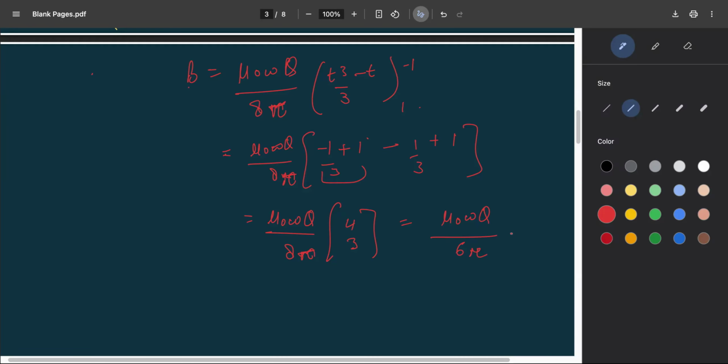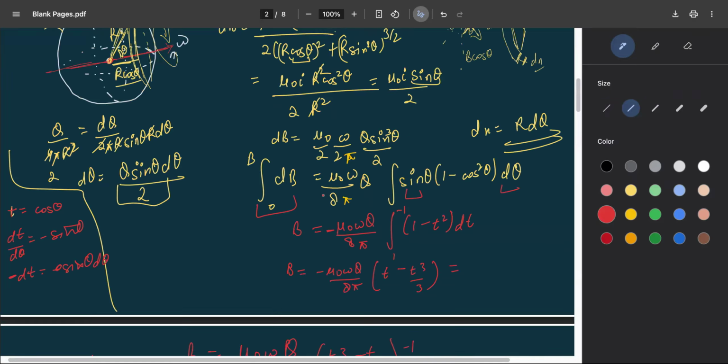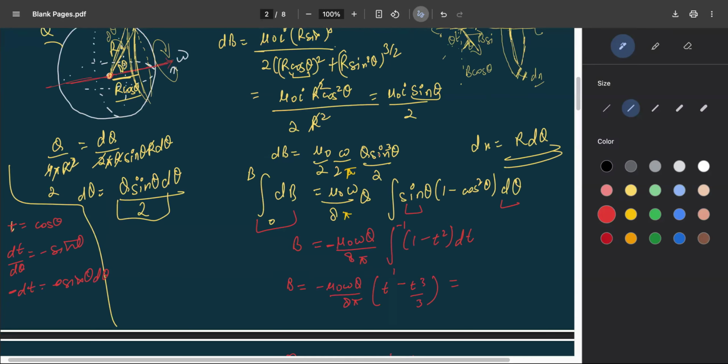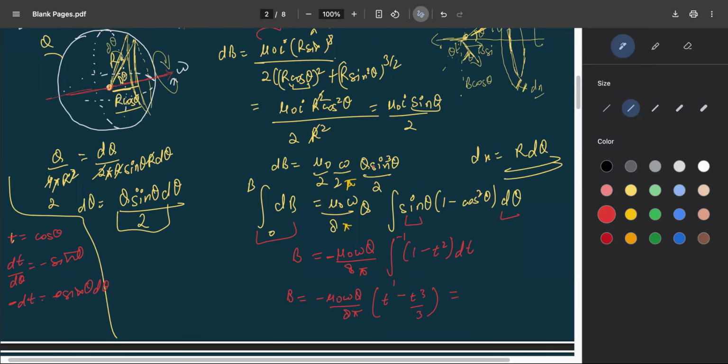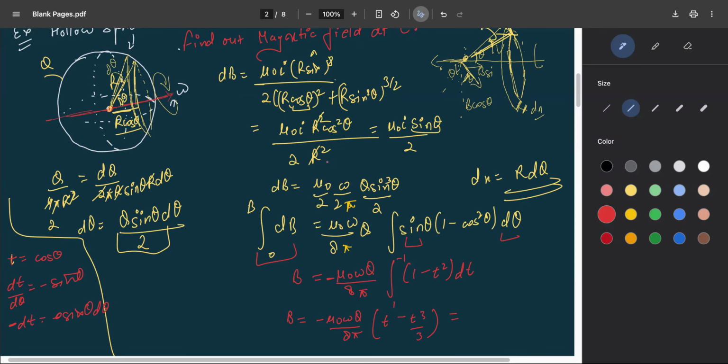Any doubt? No doubt, right? Okay, let me see if any mistake has been done. I don't think so. There should be one R also. Don't know where it is. From here, we cancel out both of the R's.